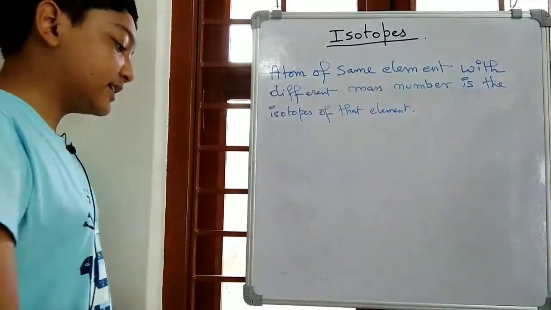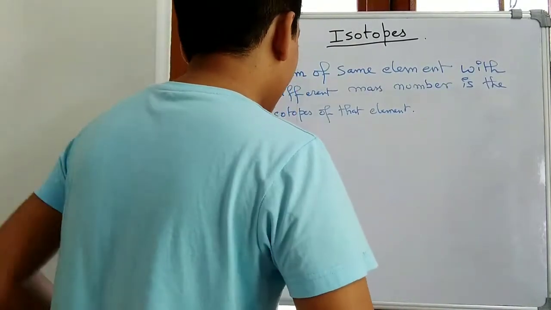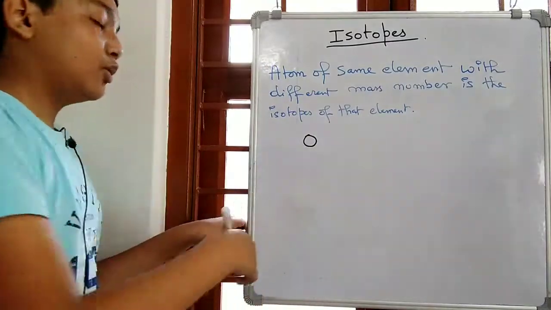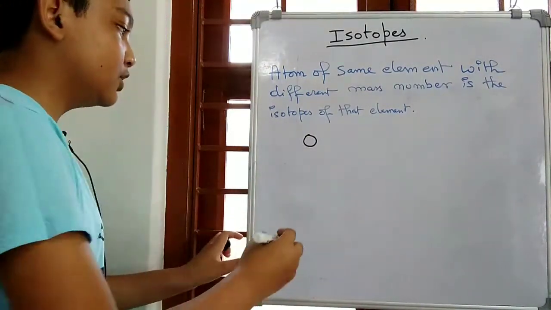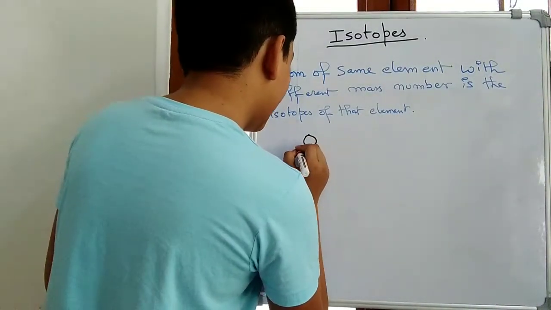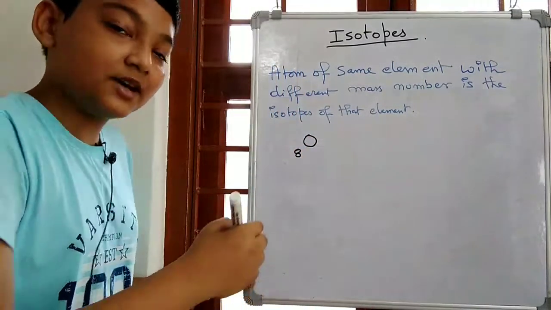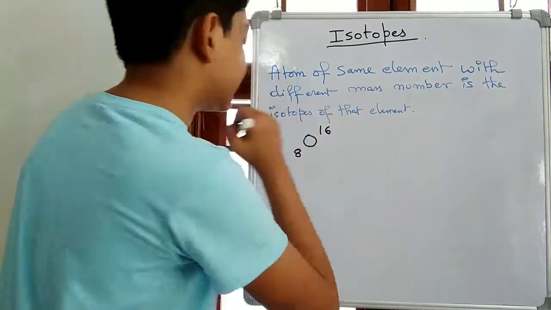Let's take one example. Suppose we are taking oxygen. What is the atomic number? It is 8. What is the mass number? It is around 16.